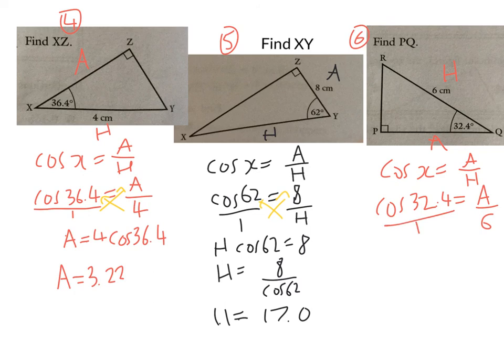Put the fraction equal to the fraction, cross multiply, and we get that a equals 6 cos 32.4. And that gives us 5.07 to 3 significant figures, all in centimetres.